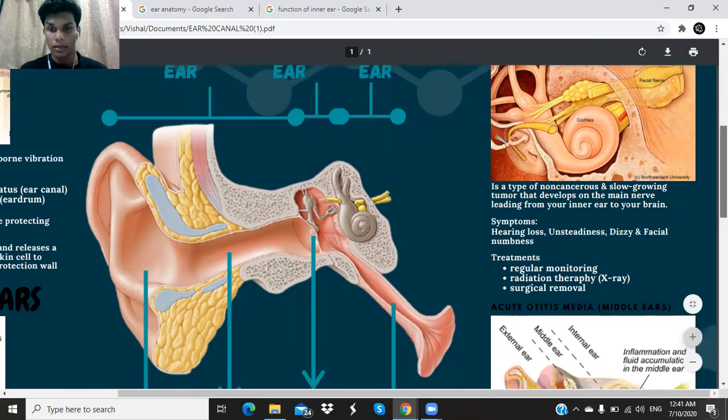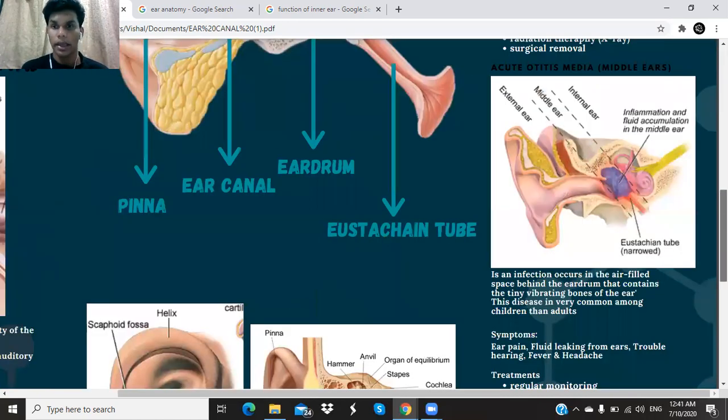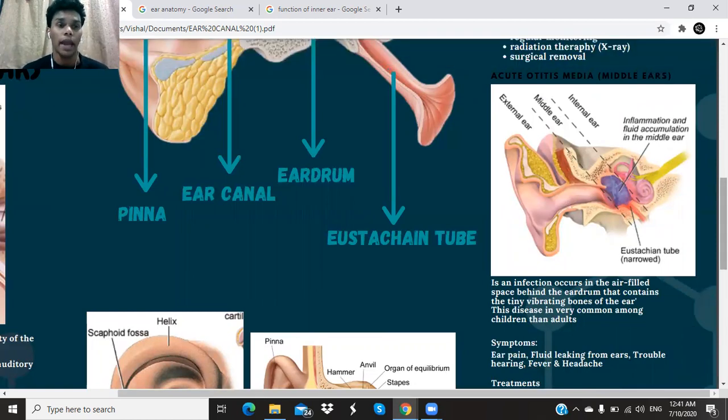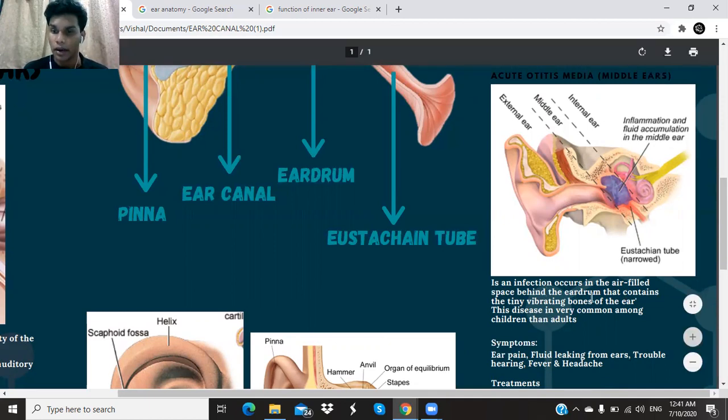Next is a disease that happens in the middle ear, known as acute otitis media, or AOM for short. It is an infection in the air-filled space behind the eardrum that contains the tiny vibrating bones of the ear. This disease is more common among children than adults.